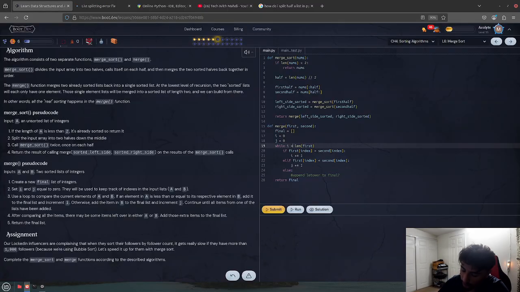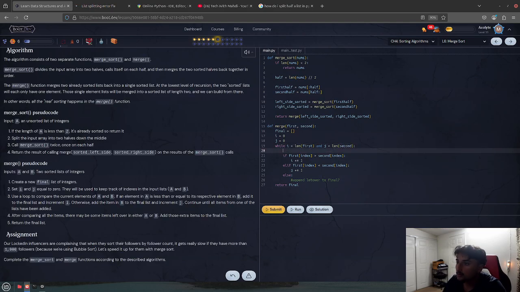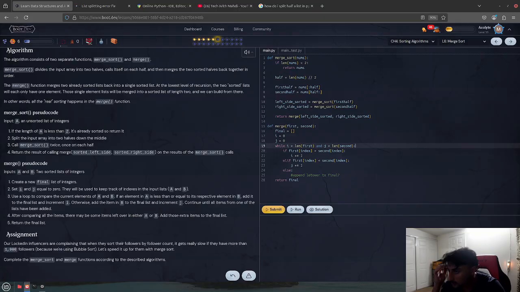Oh yeah, because if it runs out the length, okay. And J is less than the length of second.